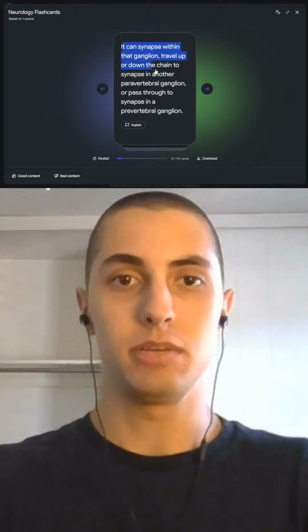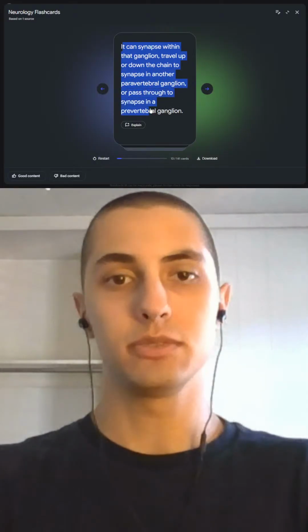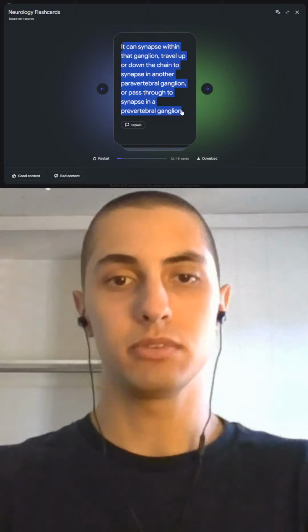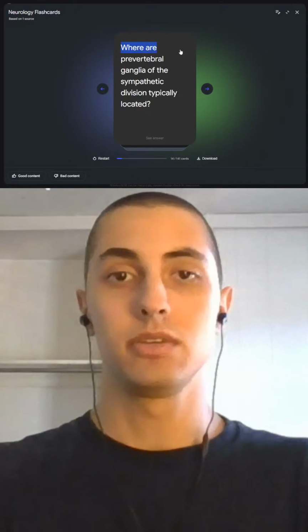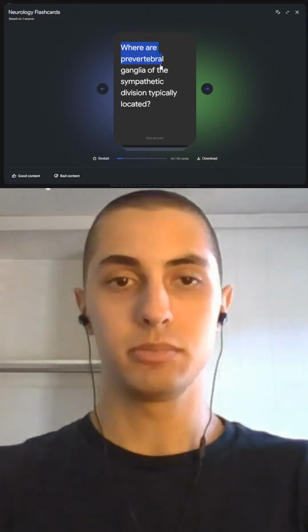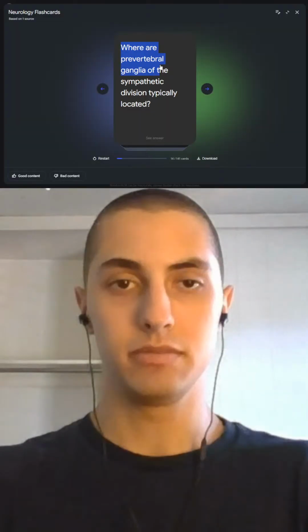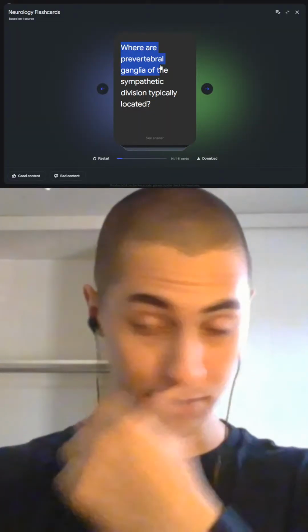It can travel up or down the chain to synapse in another ganglion, or it can pass through to synapse in a prevertebral ganglion. Okay, didn't know that. Where are prevertebral ganglia of the sympathetic division typically located? Probably before the vertebrae. I mean, that would make sense based off the name.